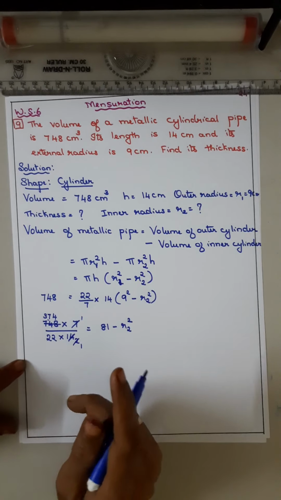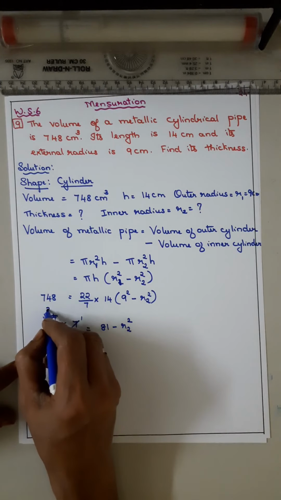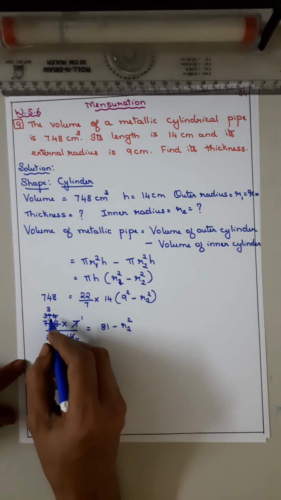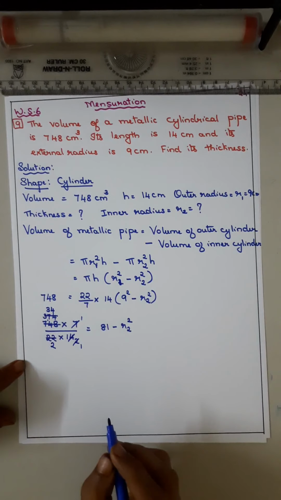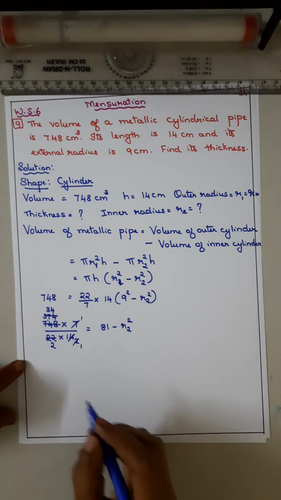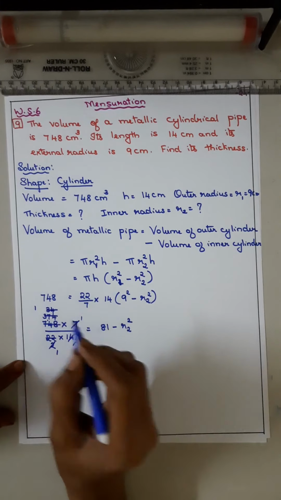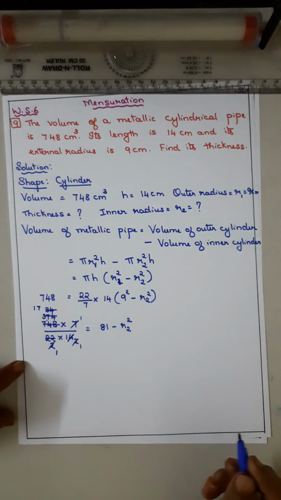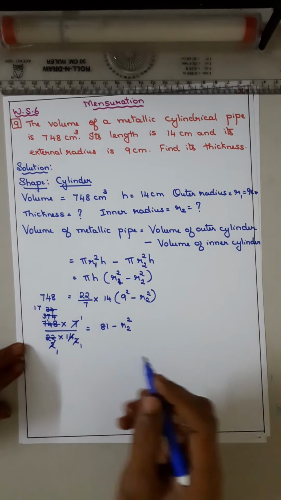So it is divisible by 11. So 11 twos are 22, 11 threes are 33. 4 remains. So 4 and 4, 44. 11 fours are 44. Now 2 ones are 2, 1 remains, and 2 sevens are 14. So you got here 17.